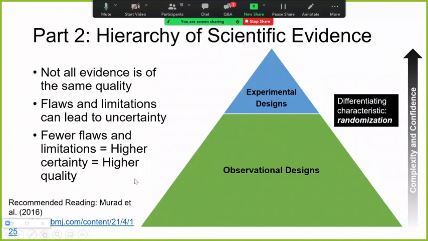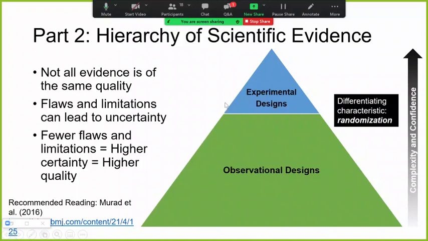Next time in part 2, now that we understand the importance of context and how we can ensure reproducibility by picking a really strong design and not going through with any questionable research practices, and we have a better understanding of how to interpret findings in the context of sampling variation, we're going to talk about the hierarchy of evidence, because not everything can be an experimental design.